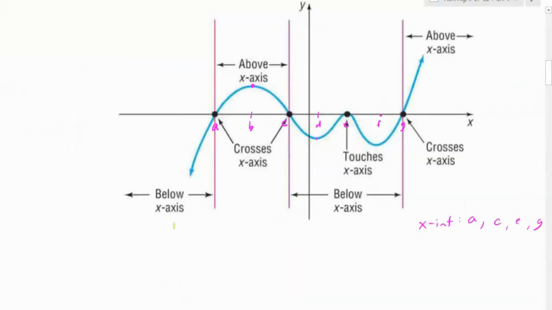When you read it left to right, increasing function, increasing function, increasing function. So all those yellow spots are where this is an increasing function. So you would say as you read across it, we're increasing from negative infinity up to B. Then we're increasing from D to E, and then we're increasing from F to infinity, because you describe it by the x values where it happens.